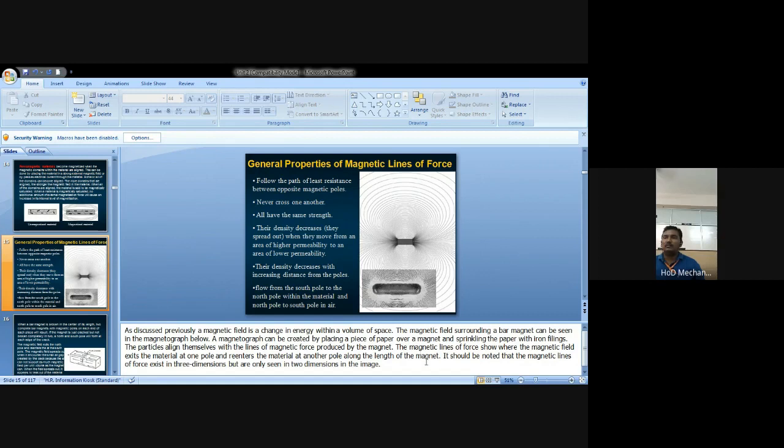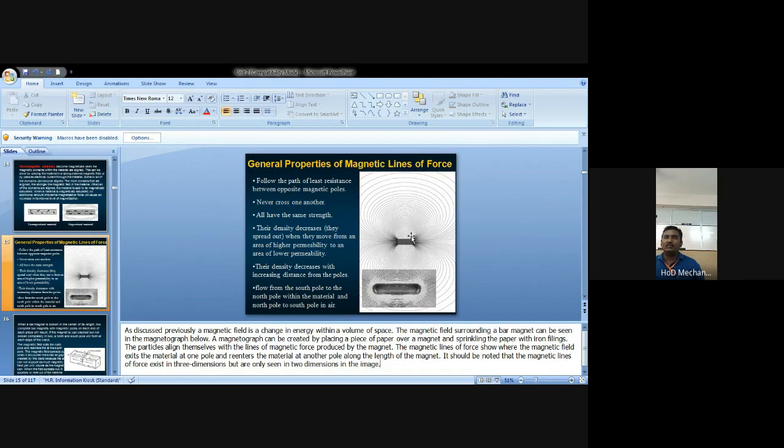It should be noted that the magnetic lines of force exist in three dimensions but are only seen in two dimensions in the image. See there, the path of the electromagnetic field is the path of least resistance between the opposite magnetic poles.